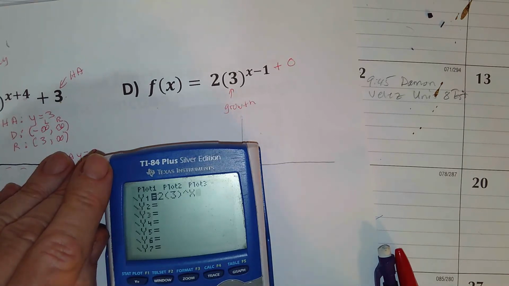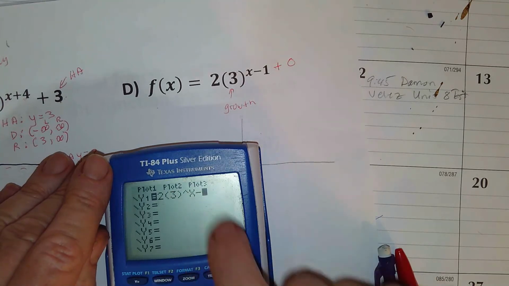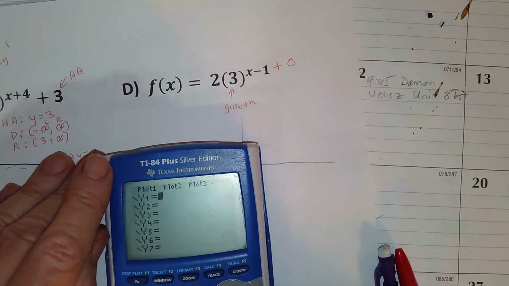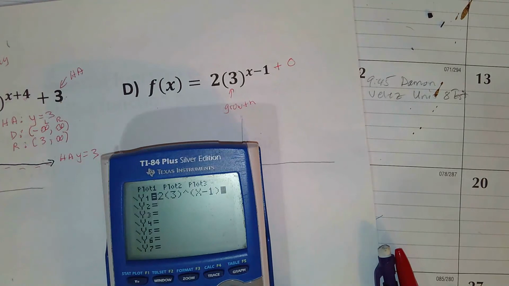Actually, let me put the x minus 1 in parentheses. So let me clear that again. 2 parentheses 3 caret parentheses x minus 1, close parentheses. All right. Let's see what that gives us.